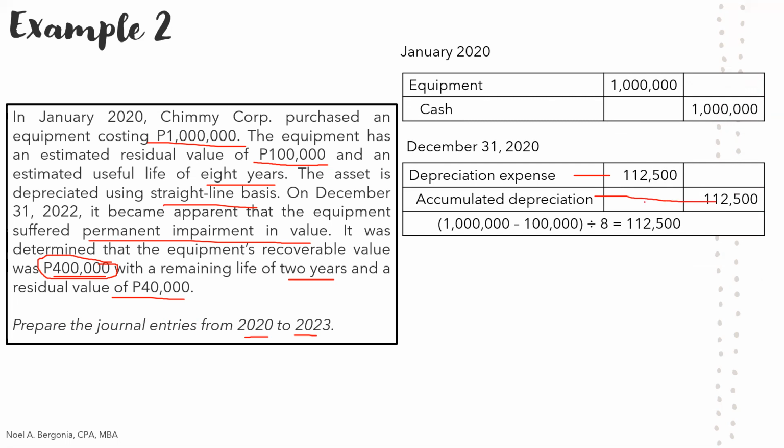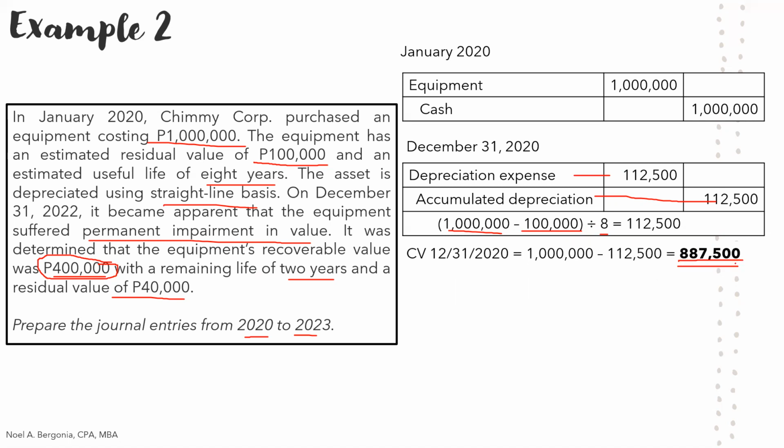So it came from the 1 million na costs minus the residual value of 100,000, then divide it by the useful life of 8 years. Okay? So after this year, we have a carrying value on December 31, 2020 na 887,500.